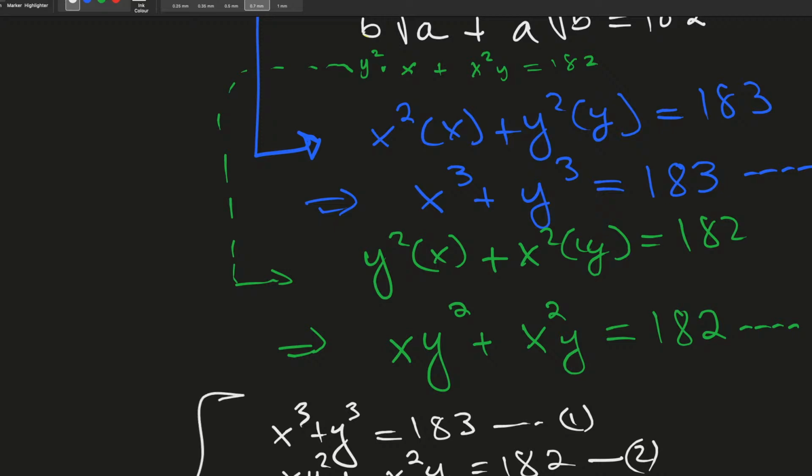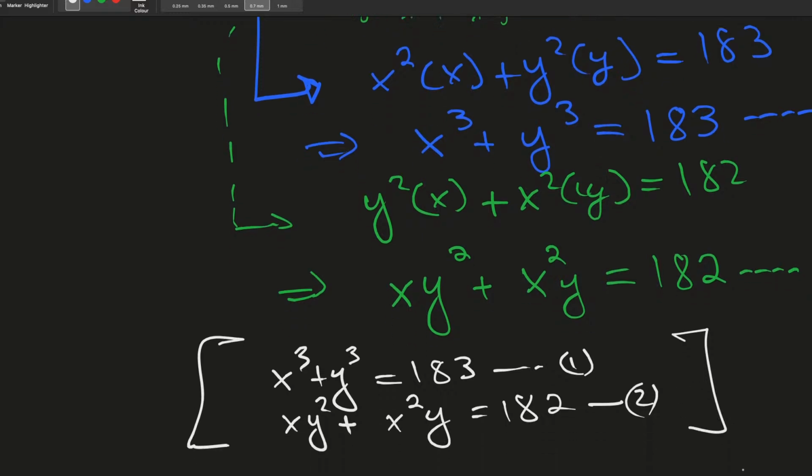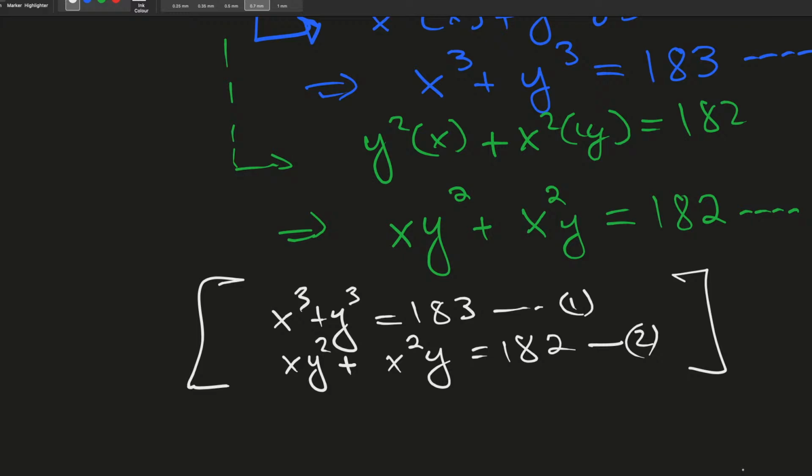Friends, look at it. Now let's put these equations aside. With these two equations, we have eliminated the variables a and b. So this is what we got at the moment. Now you know for sure that we said earlier that we let a be equal to x squared, and b equal to y squared.